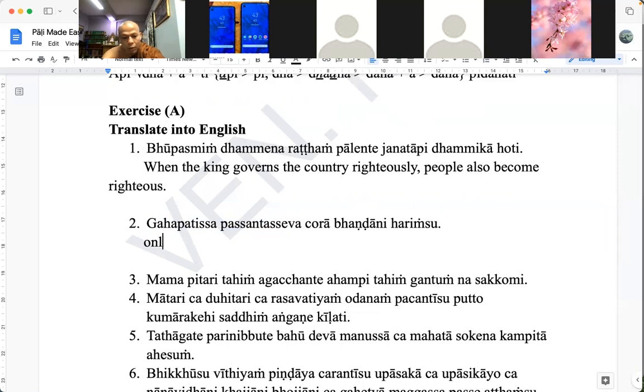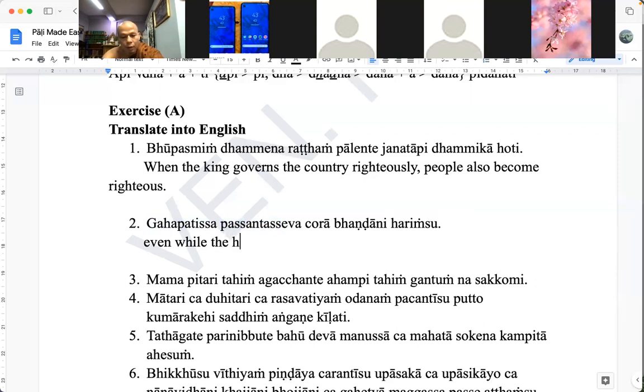So Eva means only. So that one is also a genitive absolute. So only when, or why, or even why also. Maybe only or even. Even why. So Kahabati is the subject. So the subject with the genitive case. So Basan, Dasa also with Basan, present participle.